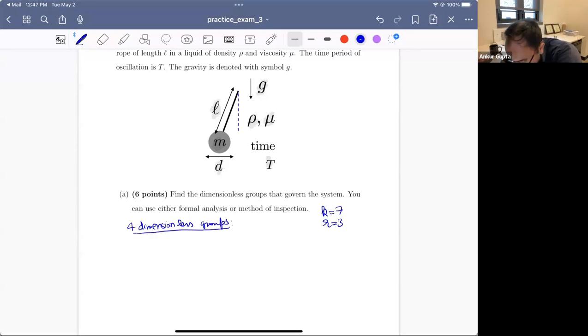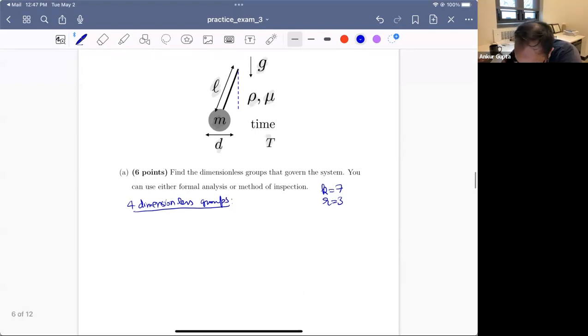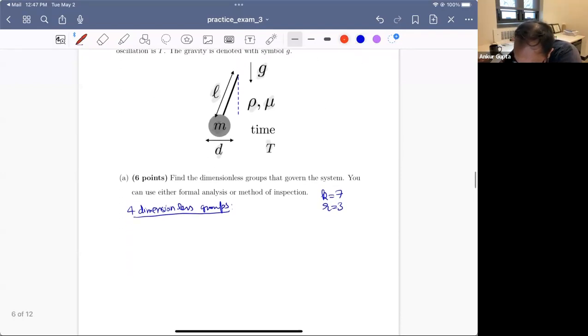Technically, one can find the dimensionless groups using some sort of inspection method. Let's first do that because I personally like it. So for pi 1, I see 2 lengths, so simply d by L has to be 1.